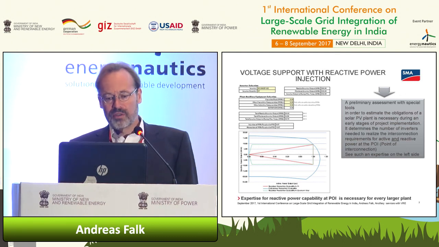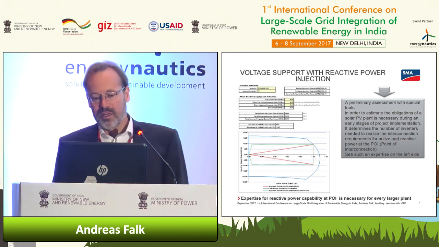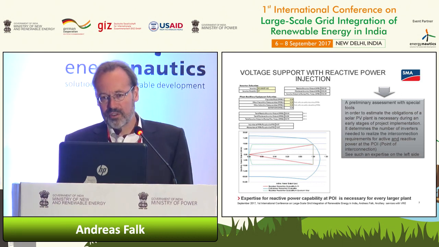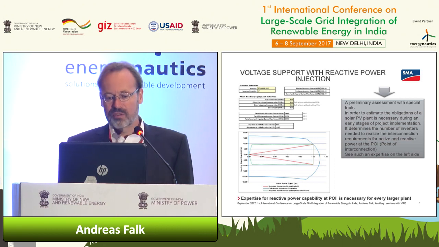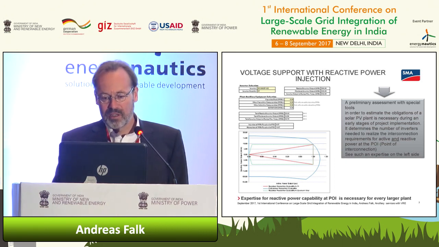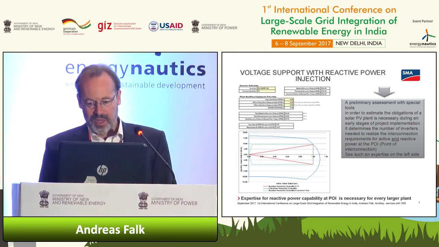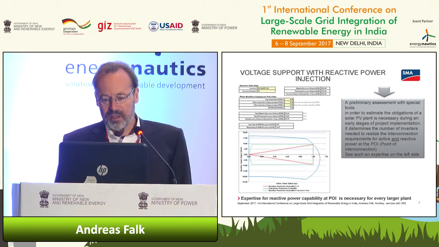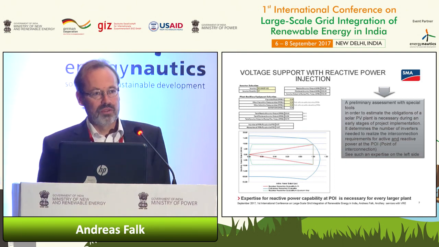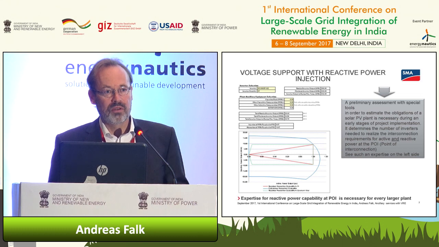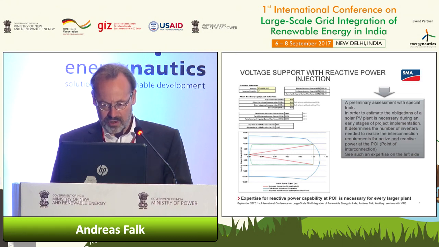Every point on the blue line is calculated for all voltages within the voltage range. When you have the expertise, you see whether the red and dotted green areas are within the blue field. Then it's all okay. If not, you have to increase your inverters or add additional inverters.